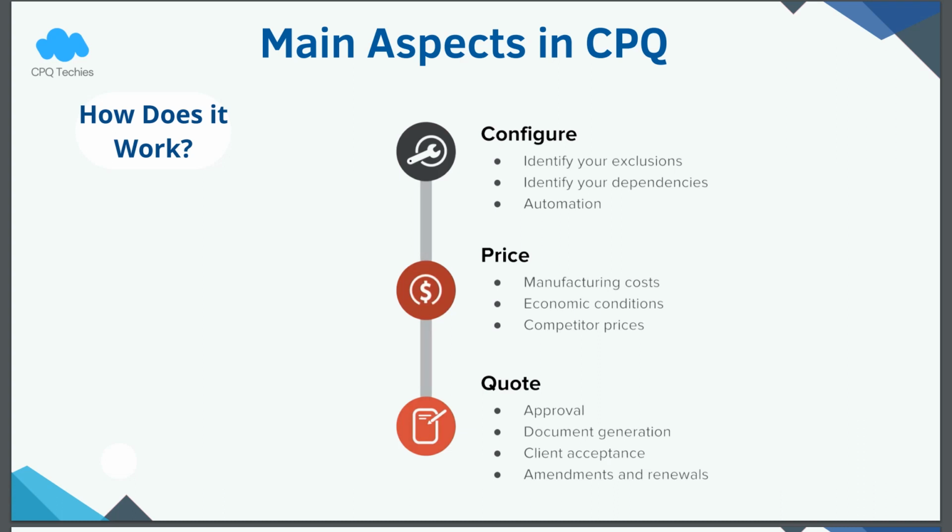Then document generation: how are we going to generate the document? What is the acceptance of the client? If the client needs to see the logo on the document, the terms and conditions, the policy of the document, or any related information like product code, product name, or the description of that product, we can define how we present the document to the customer.